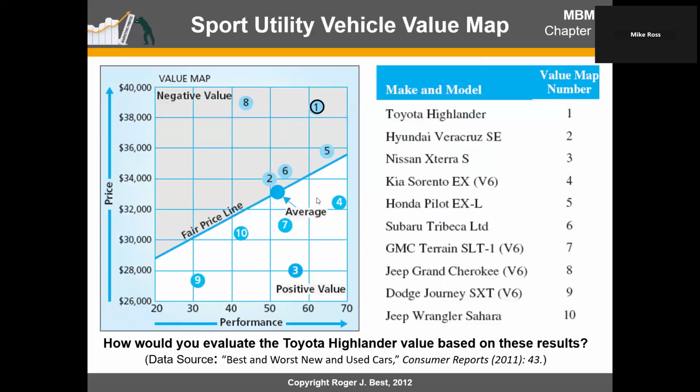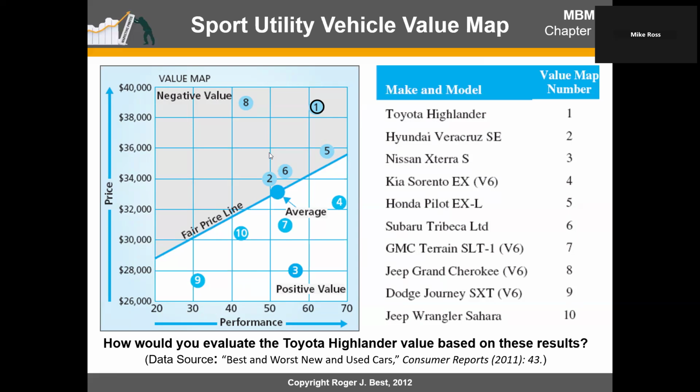Another completely different industry sector, different category: SUVs. Here we're comparing Highlanders, Hyundai, Kia, Nissan. You can read all of these, and so what we would say is that for number nine, the Dodge Journey, 10, the Jeep Wrangler, and so on and so forth, nine, 10, 7, 3, and 4 are all in a market share gaining position.